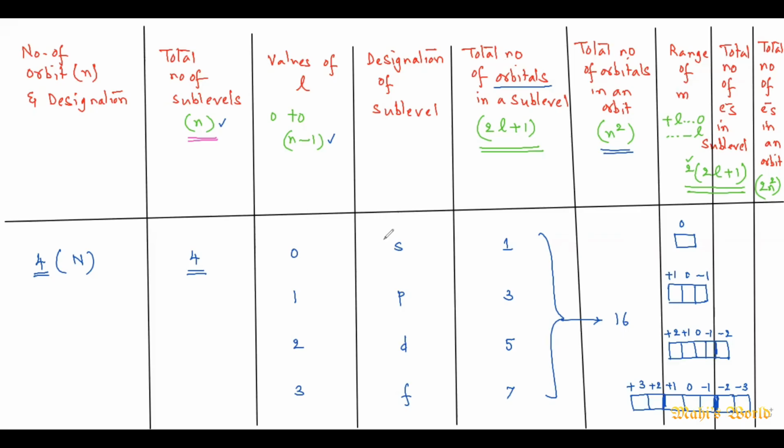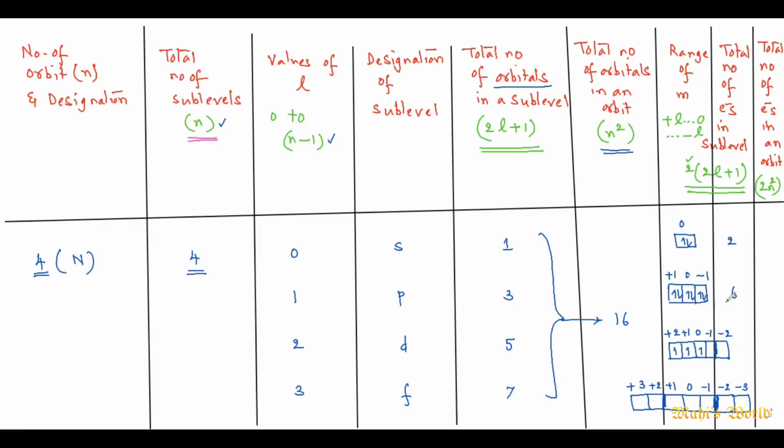Okay. Now let us fill up the electrons in them. In the first one, of course, we can fill up 2 electrons. In P sublevel, you can fill up 6.